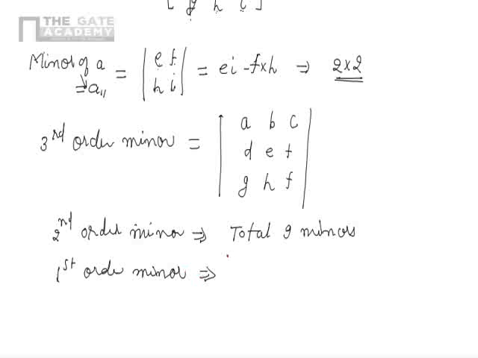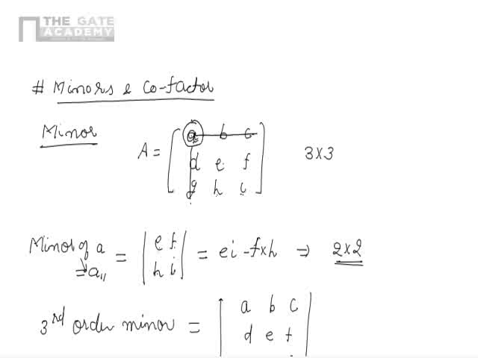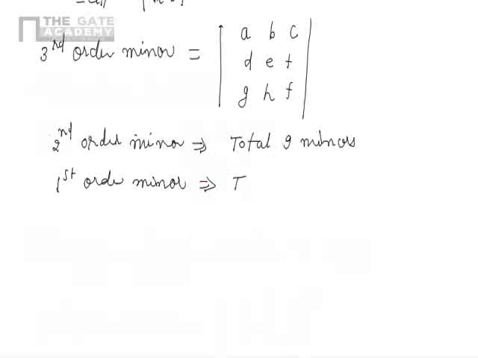the first order minor we can obtain by deleting 2 rows and 2 columns. If I am considering the element A, then I can delete these 2 rows and the 2 columns corresponding to it, and then I'll get I. If I do this one by one for all the 9 elements, deleting 2 rows and 2 corresponding columns, I'll again get a total of 9 minors.